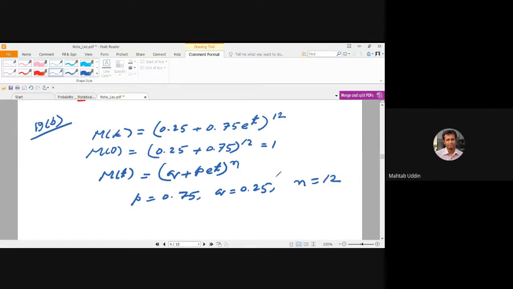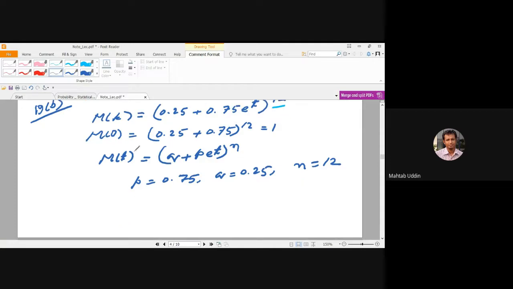Here it is 12, so n is 12. Now, you have to find some things. Mu equals np, 12 into 0.75, which is 9.